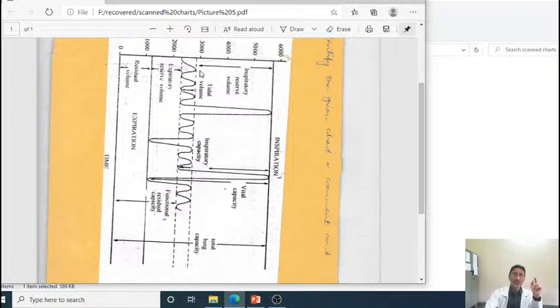Say for example, if the person has breathed in air after normal inspiratory effort, you take a deep breath in, so the amount of air which is above the tidal volume which you can breathe in is called the inspiratory reserve volume. And this inspiratory reserve volume is somewhere around 3.3 liters.